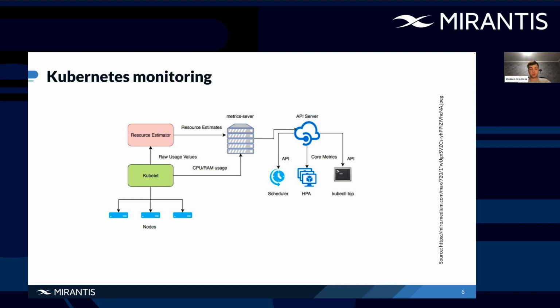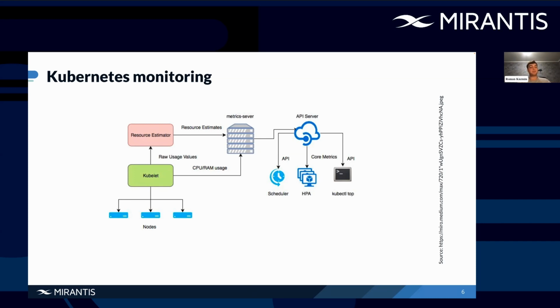The kubelet translates each pod into its containers and fetches individual container usage statistics from the container runtime. All those collected metrics you can see by executing, for example, kubectl top or kubectl describe nodes commands. I will show them on a real cluster a bit later.